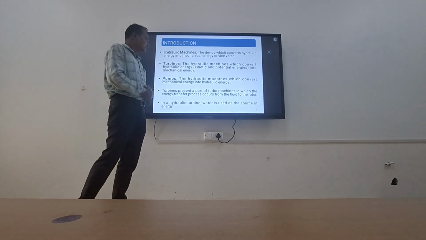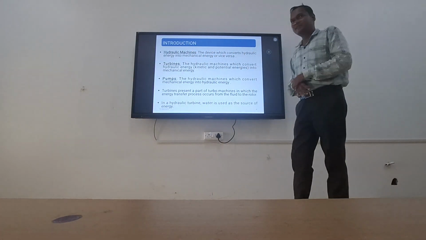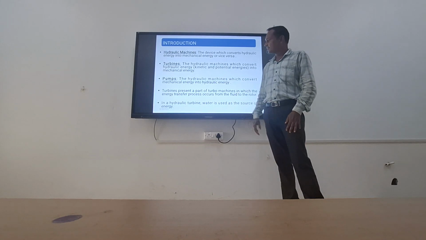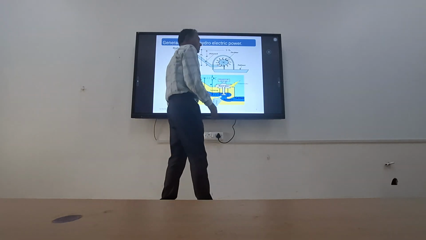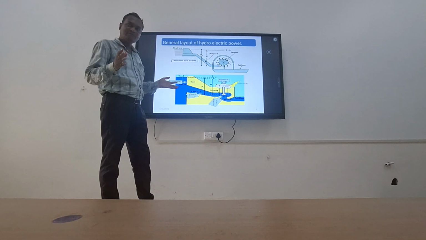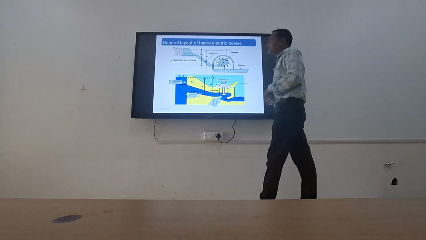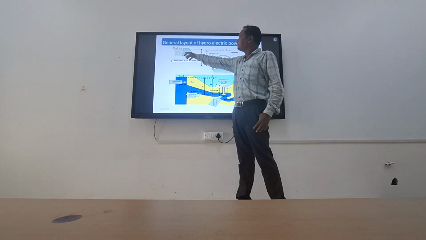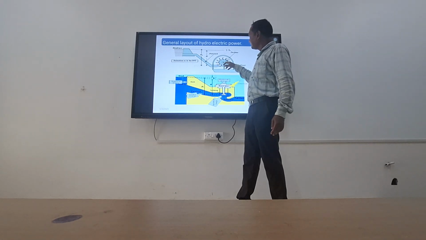Next, in a turbine, there is a rotor inside. That rotor rotates due to the energy supplied by the hydraulic source. So the main source of energy in a hydraulic turbine is water. These are the general layouts of a hydroelectric power plant. This is the dam. From the dam, water flows through pipes or channels to the turbines.